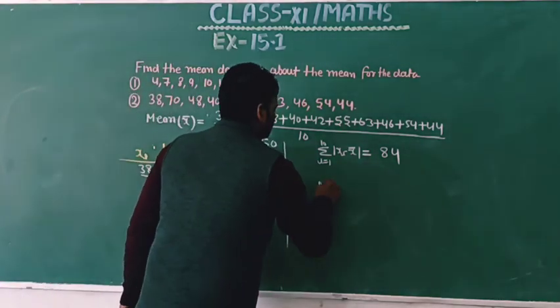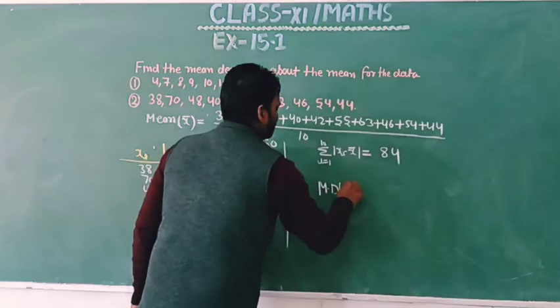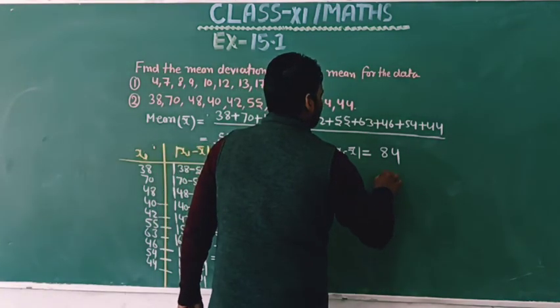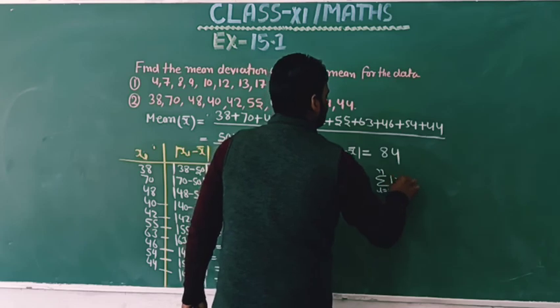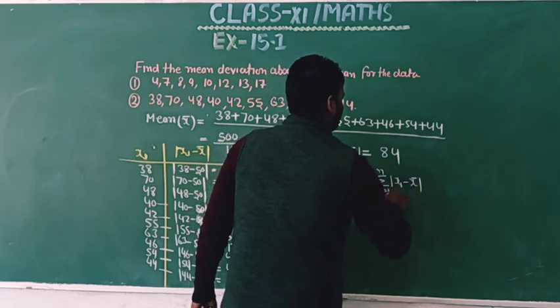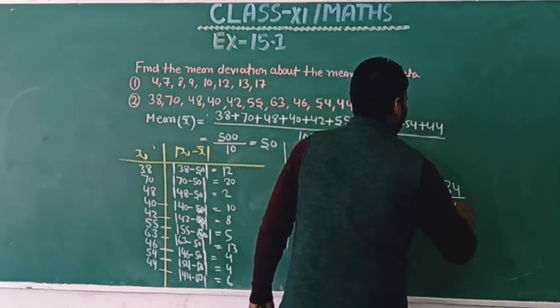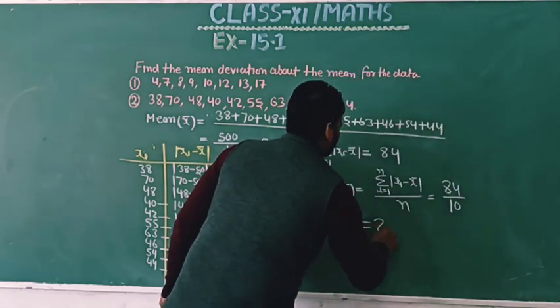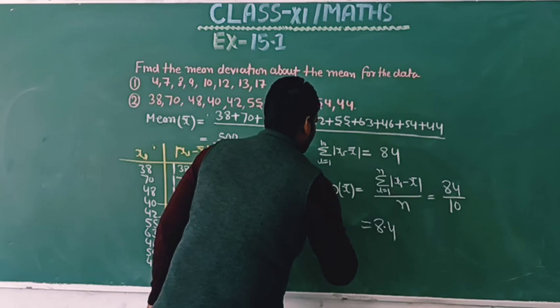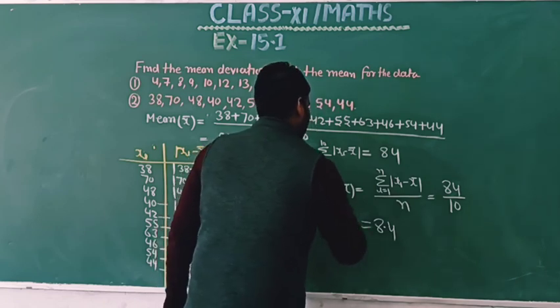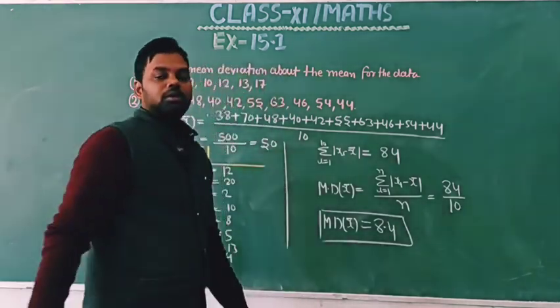So mean deviation about mean is 84 divided by 10, equal to 8.4. Dear children, this is the mean deviation about mean, 8.4.